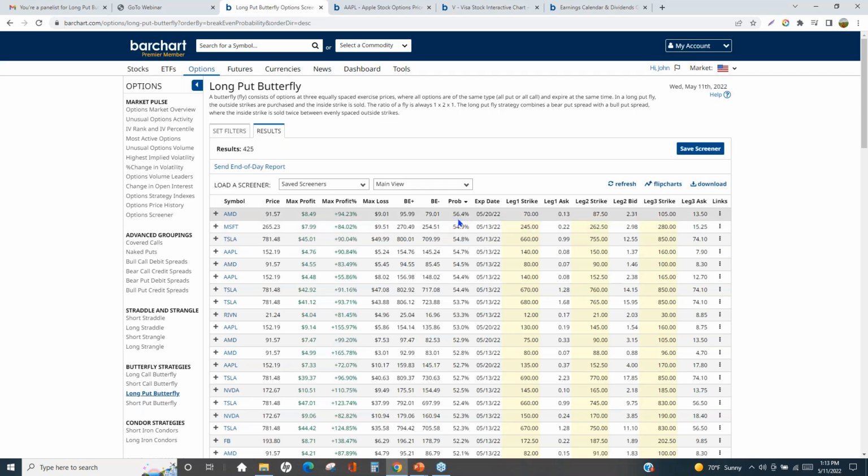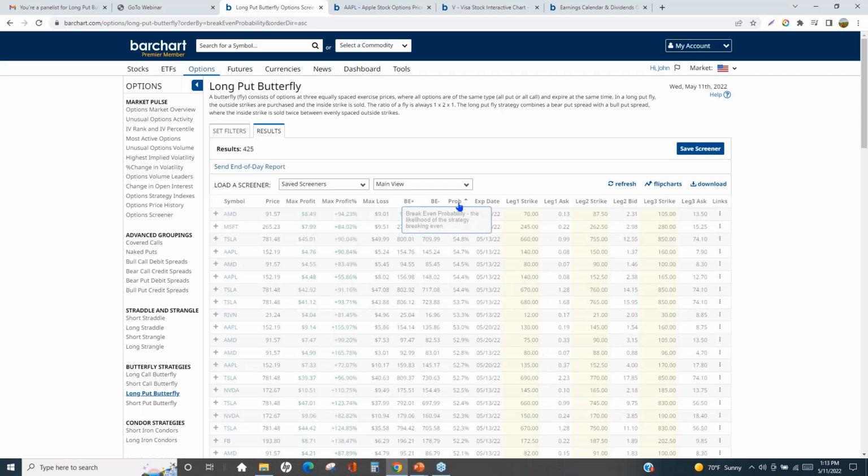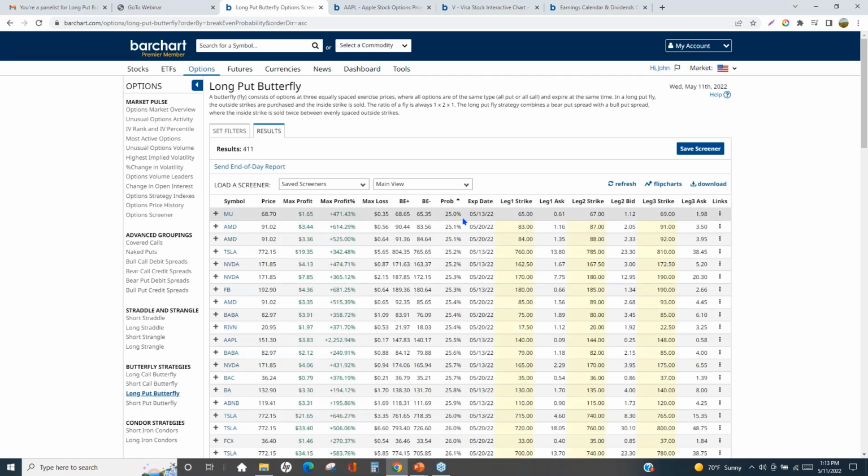So here we can see a high probability of around 56%, and our payout in terms of profits is about 94%, 84%, 90%. If I change probability to the lower end, 25% probability that price will remain inside of that range, now I'm getting much higher risk reward ratios, higher percentages. And that's what makes this strategy attractive to more advanced traders.